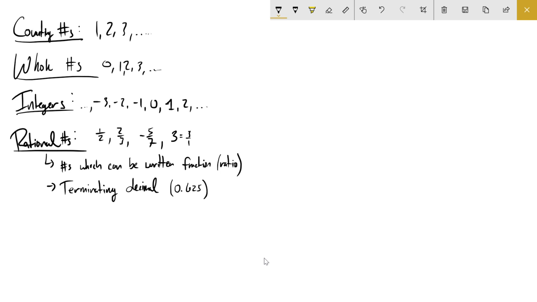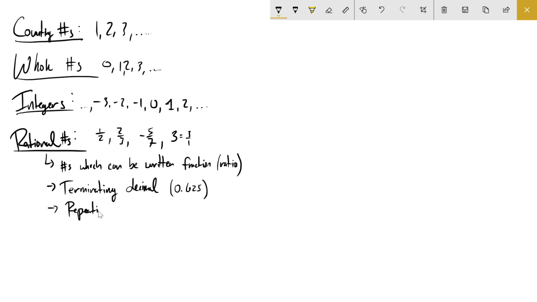The reason is that if it terminates, we can turn that decimal into a fraction, because this 5 is in the thousandths place, so we could rewrite it as 625 over 1,000. So a terminating decimal is rational.